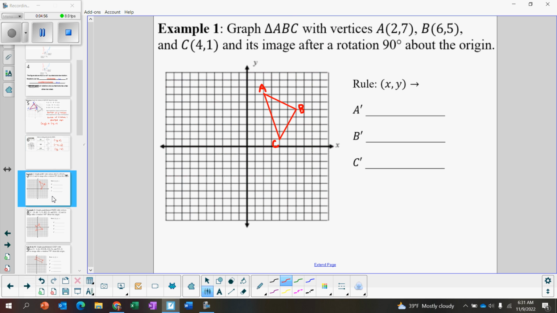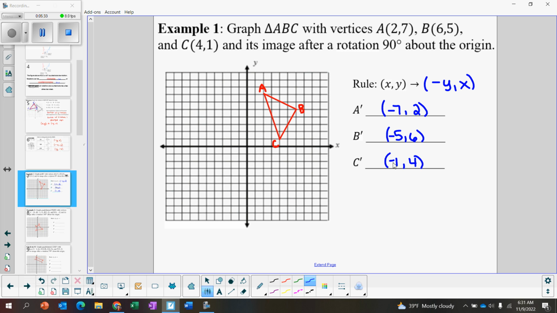So let's try this problem. We want to graph triangle ABC with these points and its image after a rotation 90 degrees about the origin. So anytime I'm going to do a transformation, I'm going to write my rule first. So I know for 90 degrees, it's going to be (-y, x). The way I apply that rule is I'm going to take my (2, 7), switch them first, and then change the sign of the first position. All right, so for B prime, I switch them first, and then change the sign of the first position, and then the same thing for C prime.